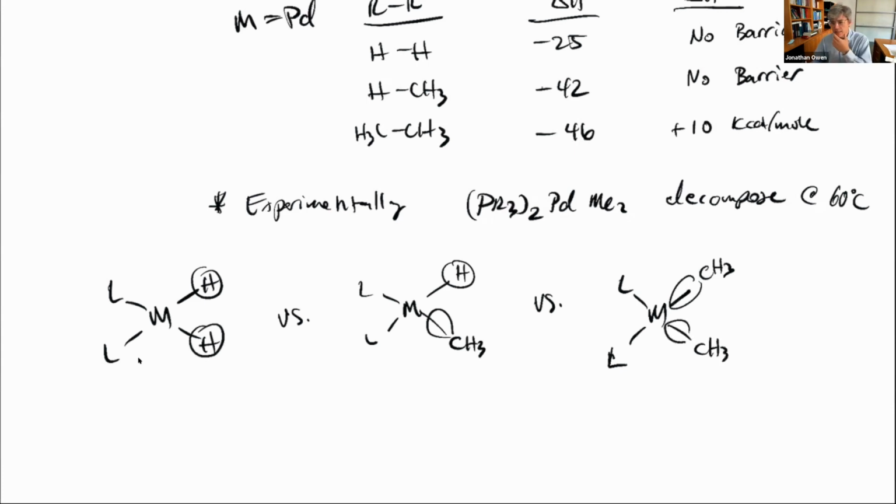You gotta twist the orbital over. To make that CC bond, you gotta break those metal carbon bonds. You gotta rotate things around, and so the more p orbital character in the bond, the harder it is to do that. The more s orbital character, the easier it is to do that.